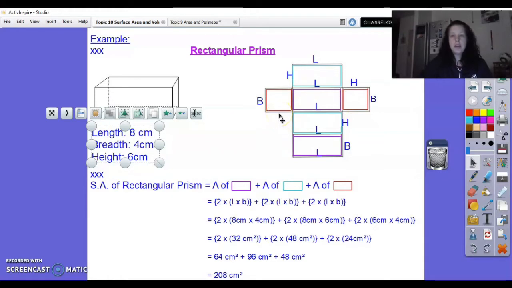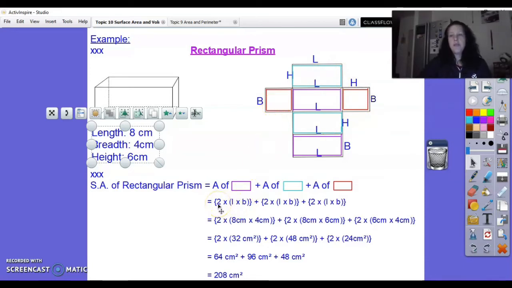So my surface area, I'd have to work out each area individually. So here's my formula. I say my area of my purple rectangle plus the area of my turquoise rectangle plus the area of my red rectangle. Okay, and I'm going to multiply it all by 2 because there are 2 turquoise, 2 purple, and 2 red.